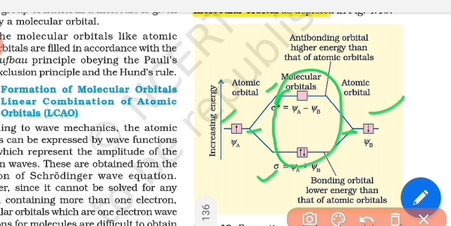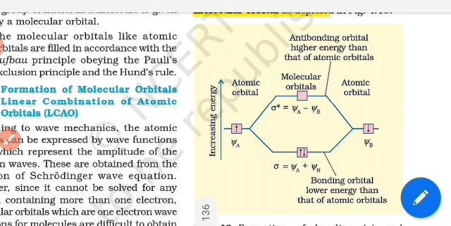So we can say that 50% of molecular orbitals which are formed are of lower energy and 50% molecular orbitals are of higher energy as compared to combining atomic orbitals.